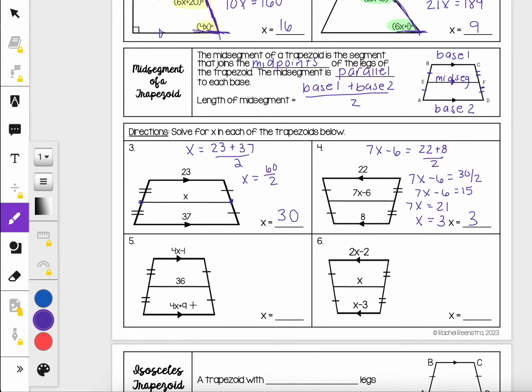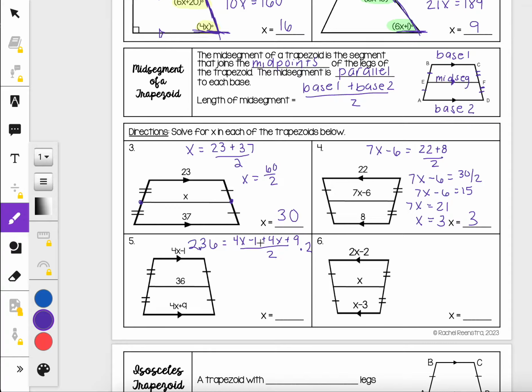Okay. Now, if I look at number 5, I have the midsegment is 36. That's going to equal the sum of the 2 bases divided by 2. Now, for this problem, while I'm trying to clean up the right side to solve for x, I'm going to get rid of that 2 first.